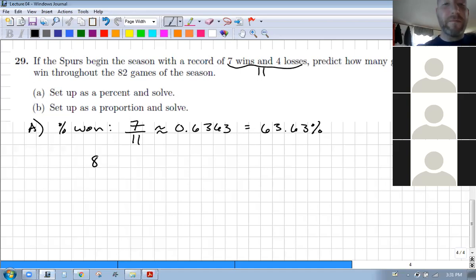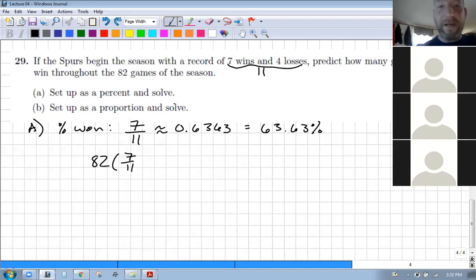So if that's their percentage that they win, if they keep with the same percentage, we just need to find 63.63% of 82. Now, instead of putting 0.6363 here, I'm going to put 7 over 11, because this is an exact number. This was just an approximation, right?